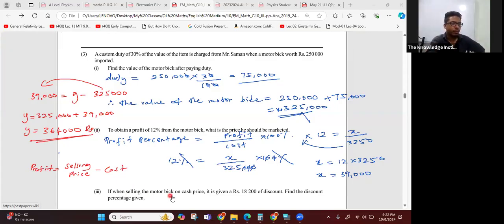Roman number 3: if when selling the motorbike on cash price, it is given 18,200 of discount, find the discount percentage. Try this.